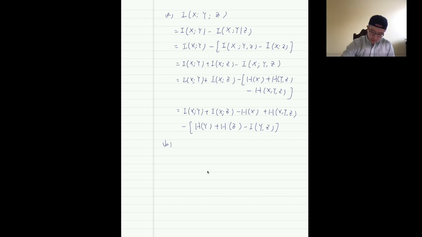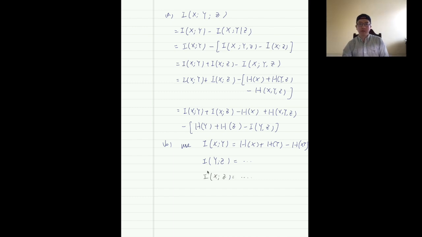Okay, so part B, we just use the mutual information between this as Hx plus this minus z. Okay, and also yz equals the same thing, and xz equals similar stuff, and then we're done, right? Okay, great. That is for question number 25.